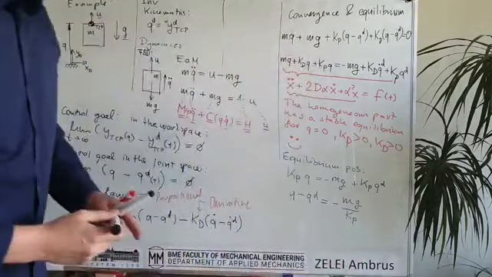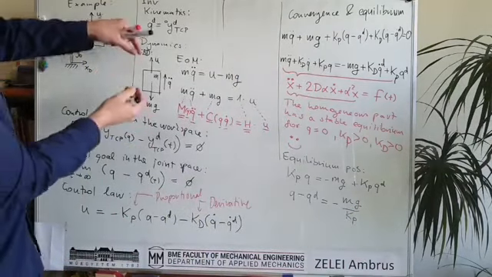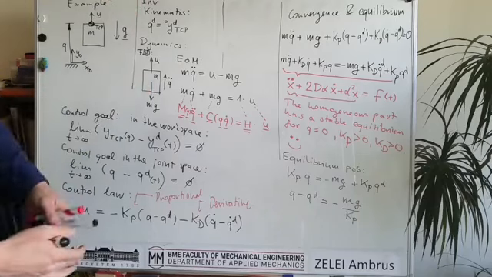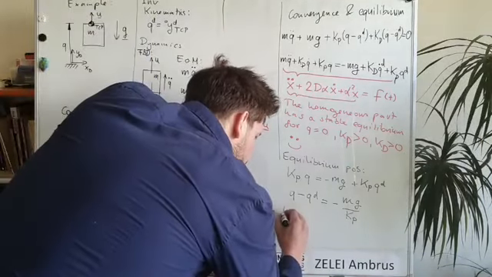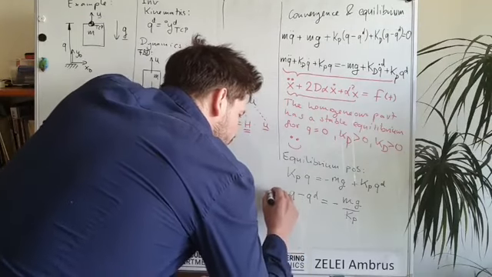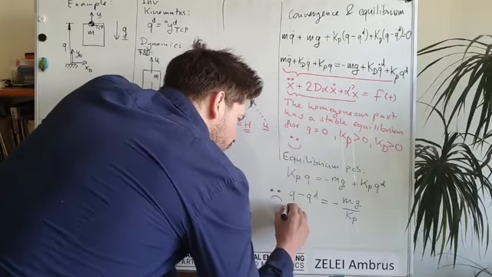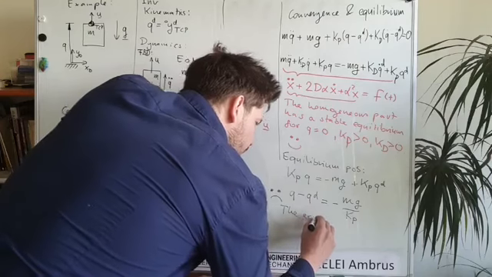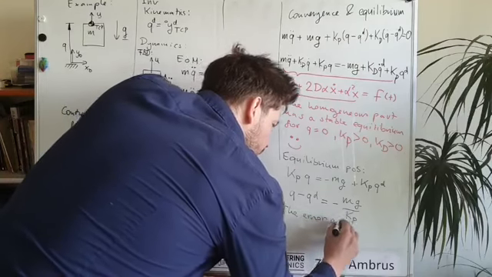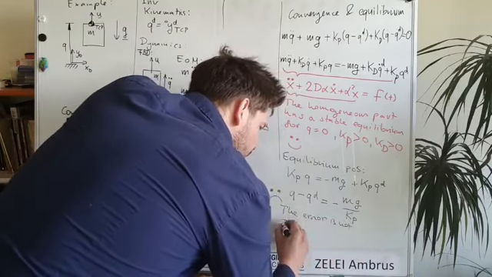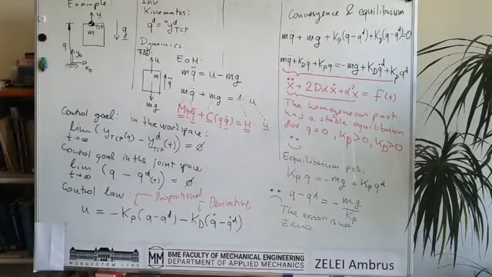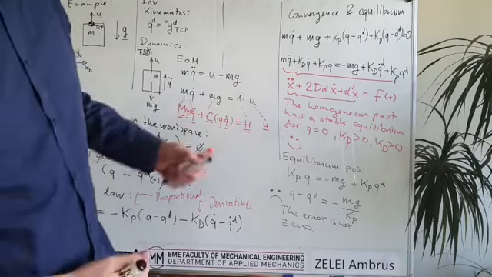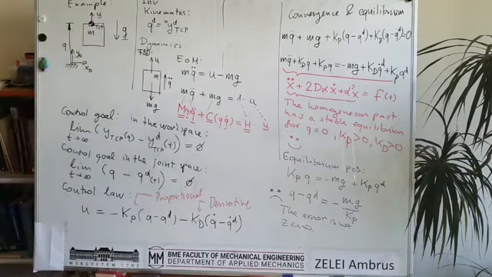So there will always be some kind of positioning error, and the error does not go to zero, and that is a sad thing. It means that with the PD controller we cannot guarantee our control goal.